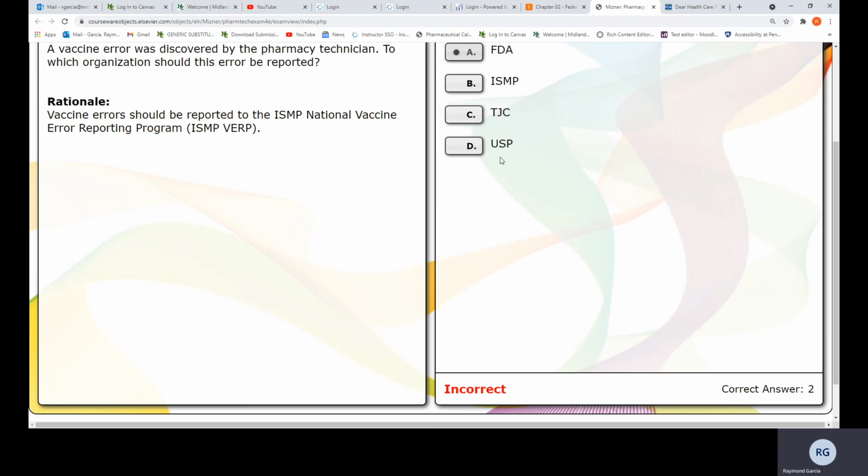USP stands for United States Pharmacopeia. Let me see what TJC stands for. The Joint Commission.